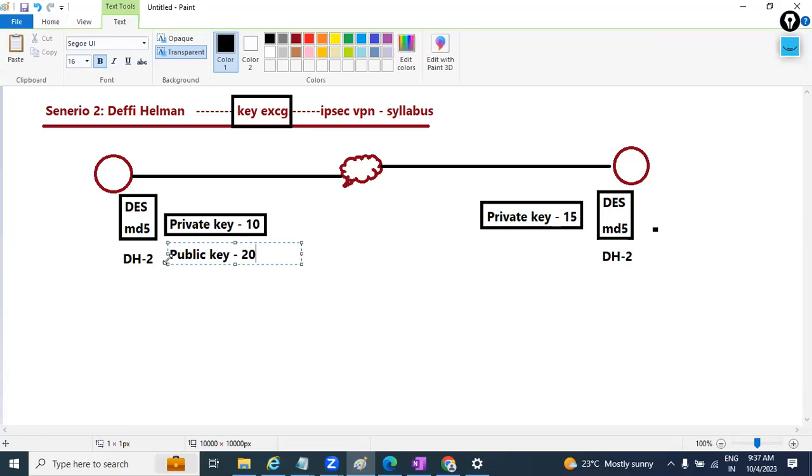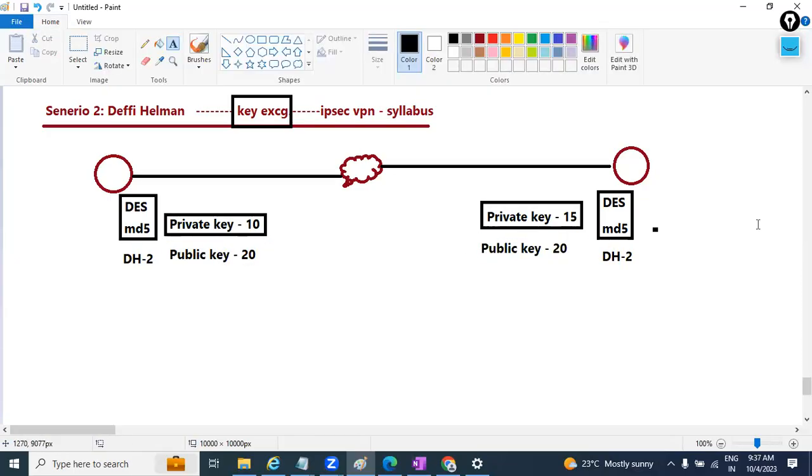Let's consider I'll use 20 and you also have to use public key 20. It would be common. They have to negotiate on the common one, so on both sides we have 20.